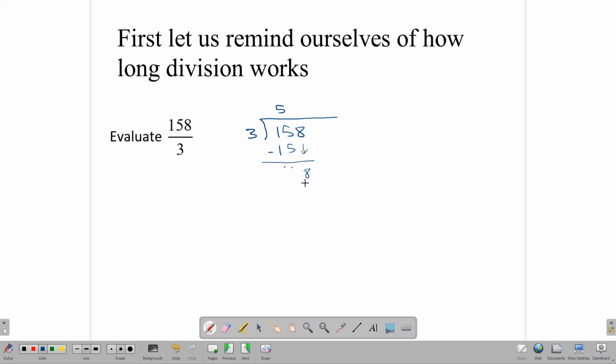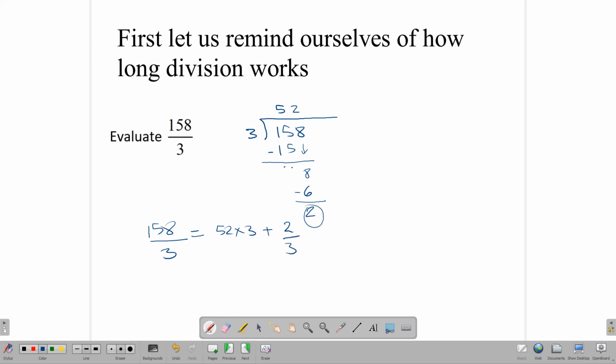Now 3 into 8, that is 2 times. We can get 2 3's out of 8. 2 3's are 6. And 6 from 8 leaves 2. And so in writing up this answer, we can say that 158 divided by 3 is the same thing as 52 times 3 plus 2 over 3.